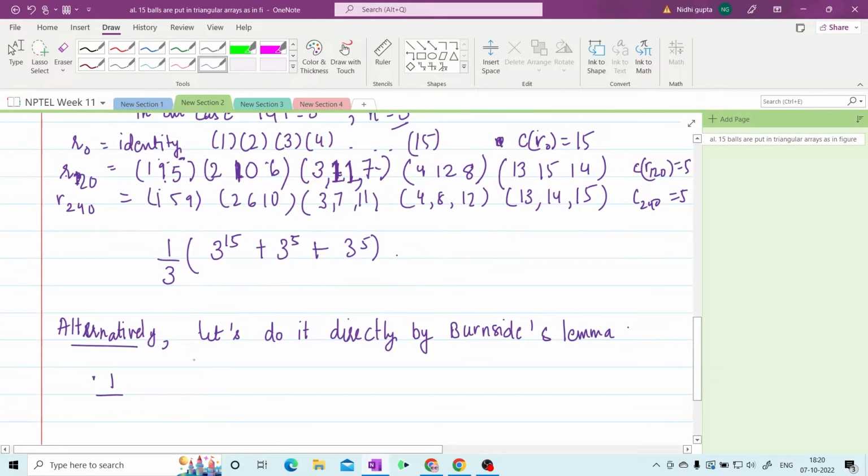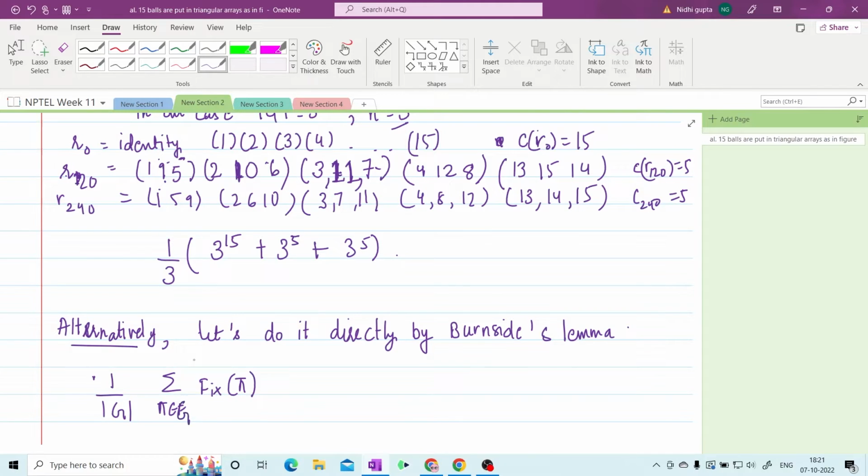is 1 over the order of G, sum over pi belonging to G, of fix pi, and our set Y is colorings on the triangular array.